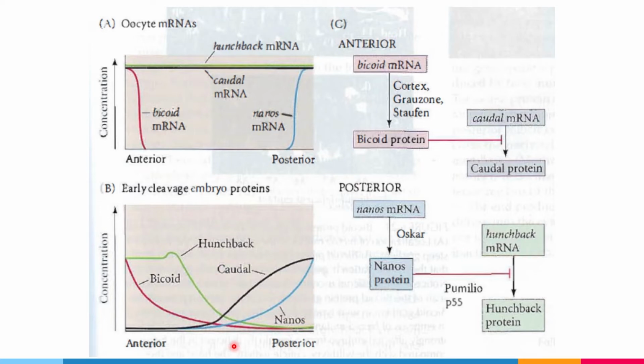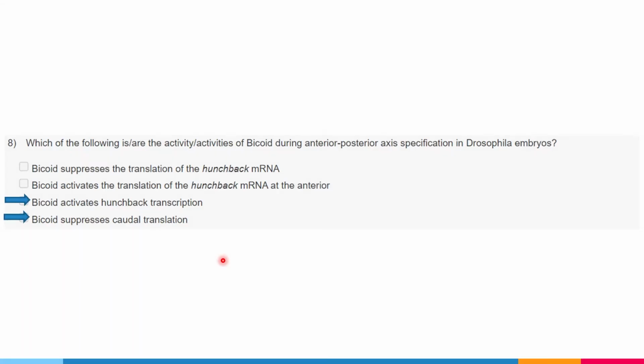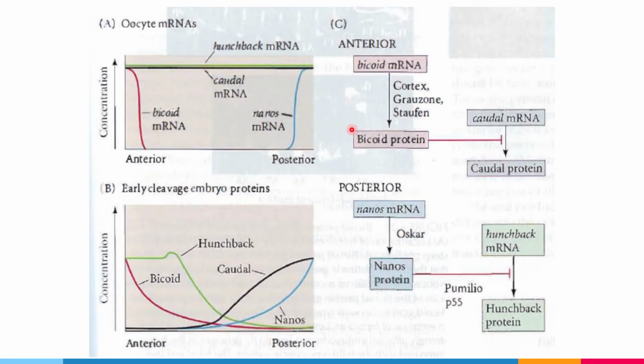So if nanos was not there, then we would have an evened out expression of hunchback, and then there would be various axis specification problems. So the options are bicoid suppresses the caudal translation and bicoid activates hunchback transcription, as you can see just right here.